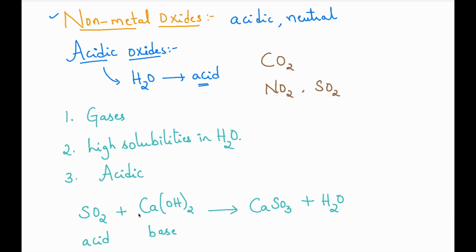Sulfur dioxide is an acidic oxide, meaning it has an acid property. So it combines with a base, calcium hydroxide, to form calcium sulfite, which is a salt. So sulfur dioxide combines with a base to give rise to a salt and water. These are the general properties of acidic oxides.